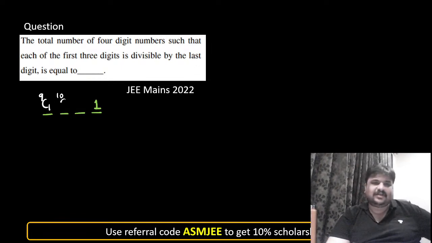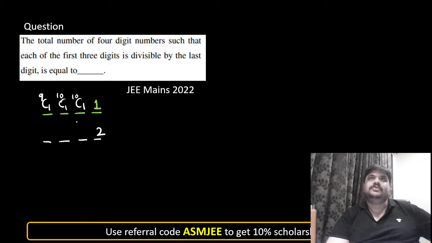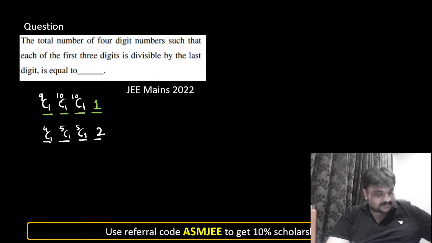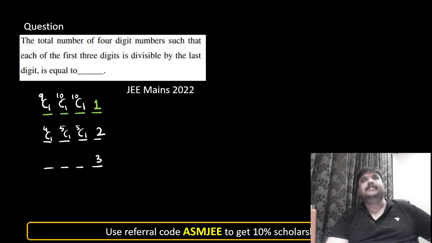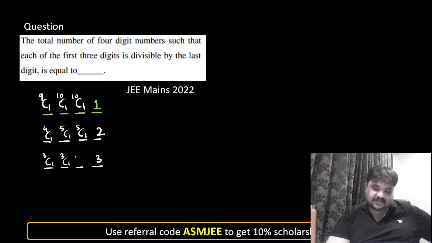I think 0 is divisible by every number. If we have 2, so 0 is not allowed. 2, 4, 6, 8. 4C1, 5C1, 5C1. 3: 3, 6 and 9. 3C1, 3C1, 3C1.